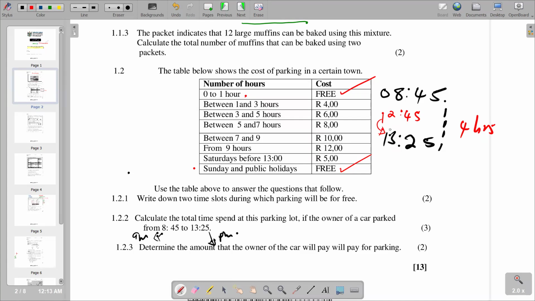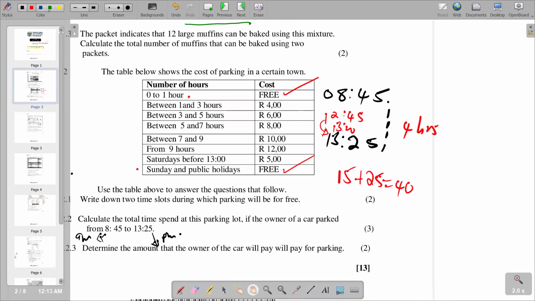We know that from 12:45 to 13:00 we have 15 minutes, plus the 25 minutes after 13:00, which we add there. We see that the answer is 40, so it's going to be 4 hours, 40 minutes. That's how we are going to present it.